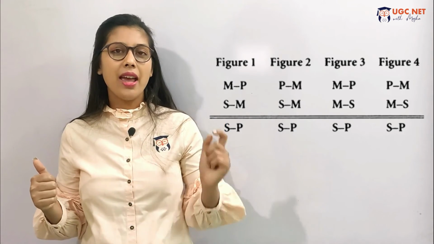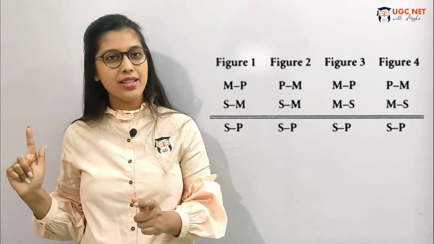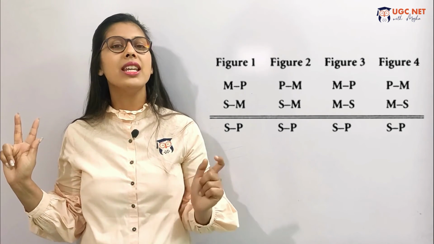In a similar manner, there can be 3 more: the second figure is PMSM, the third figure is MPMS and the fourth figure is PMMS. So basically these are the numbers given to this particular order. So if your middle term, predicate and subject are in the given order, then accordingly you will determine the number of the figure, that is whether it is the first figure, second figure, third figure or so on.